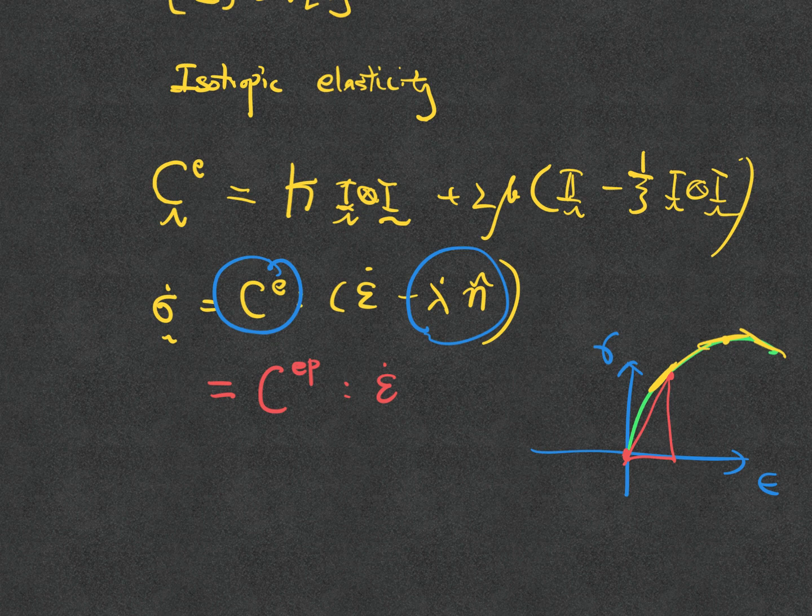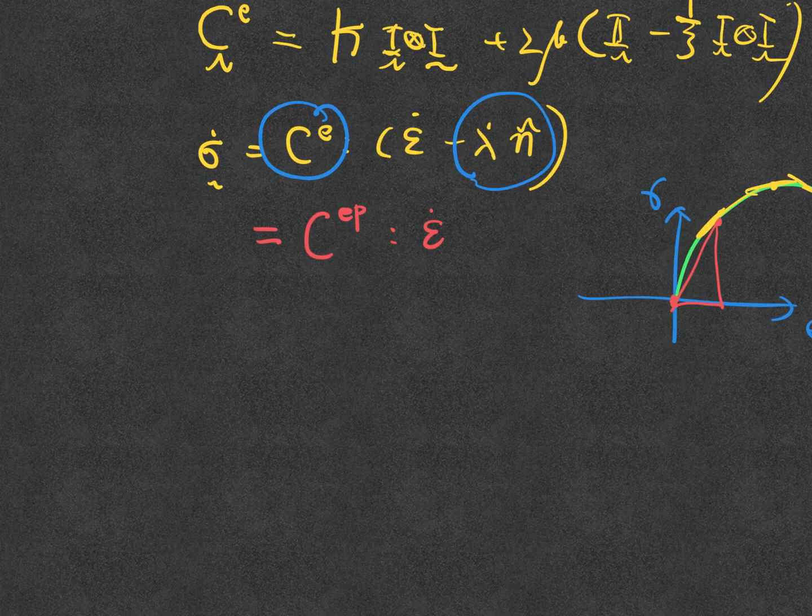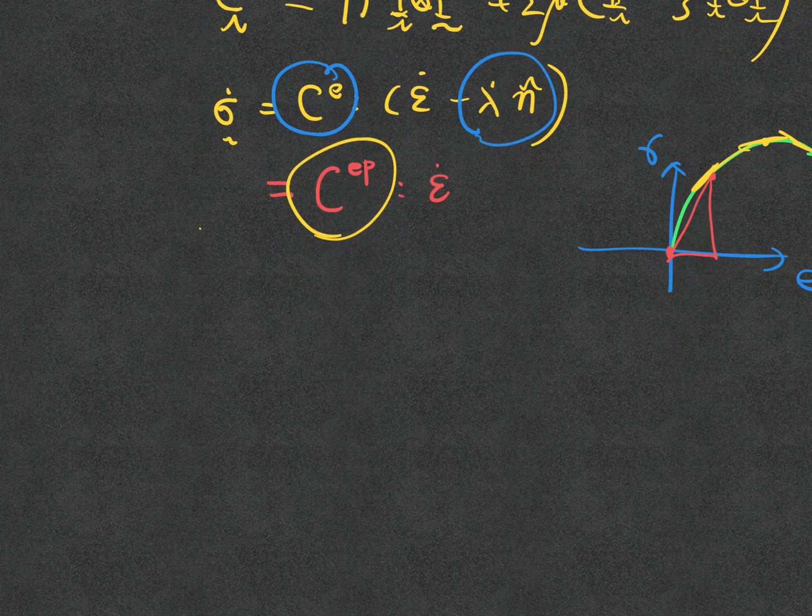Although you can argue that the evolution of the CEP can be derived into a general expression. Now I want to go back to that. The derivation of CEP is very important because in the finite element, this is actually what you put into the computer in the global Newton-Raphson algorithm. Or at least you need to put the algorithmic version of it.